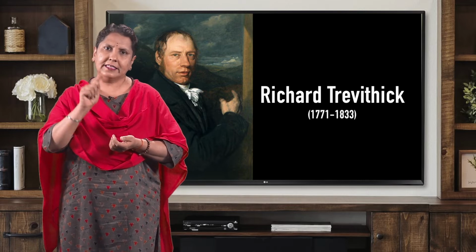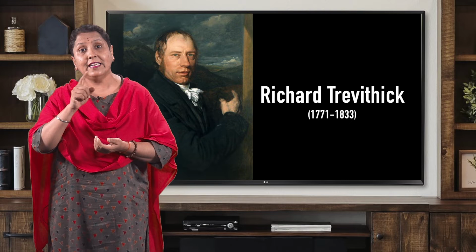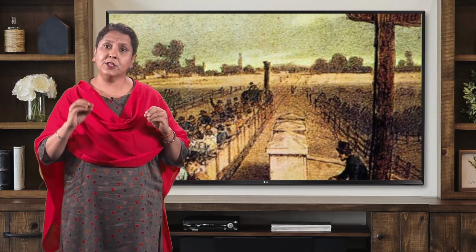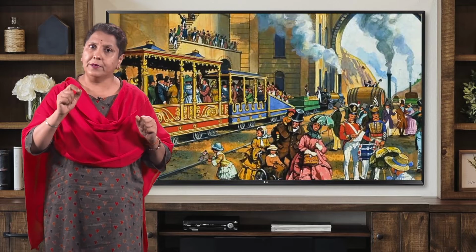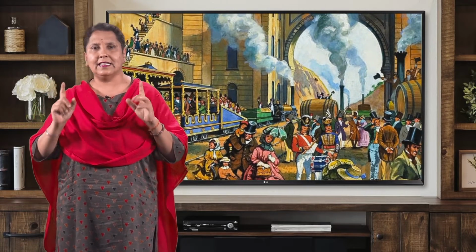In the early 1800s, Richard Trevithick debuted a steam-powered locomotive, and in 1830, similar locomotives started transporting freight as well as passengers between the industrial hubs of Manchester and Liverpool. By that time, steam-powered boats and ships were already in wide use, carrying goods along Britain's rivers and canals as well as across the Atlantic.